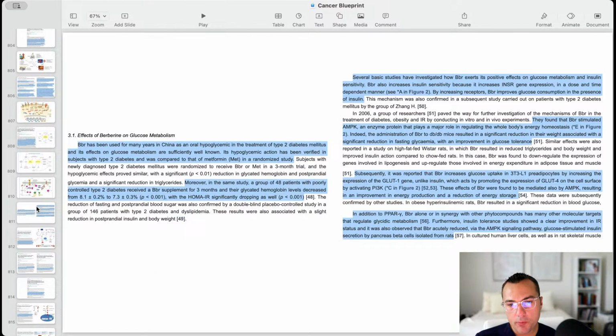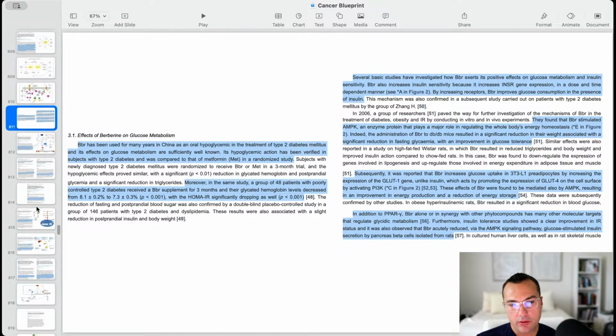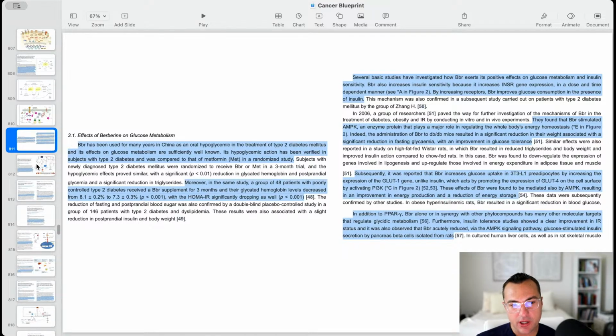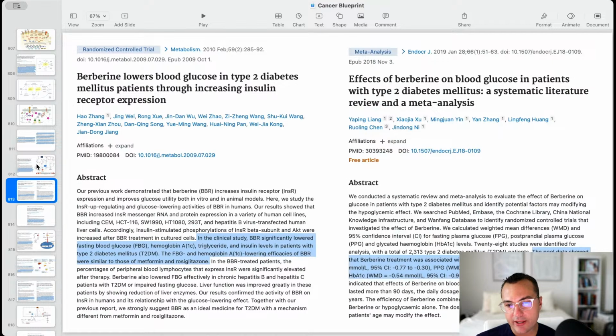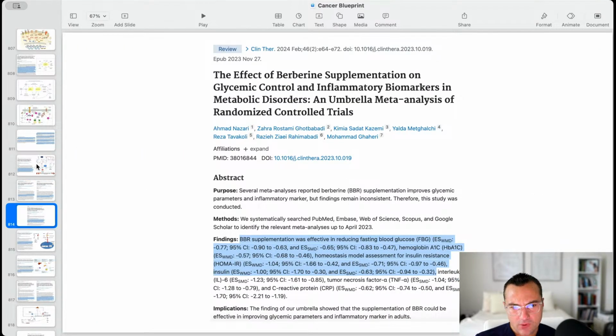So the smart person would be using berberine in addition to other phytochemicals, in addition to a ketogenic diet, in addition to fasting, in addition to exercise and light management. But the fact of the matter is, it's pretty amazing that one chemical by itself can have effects such as this. And I would just say that, again, it seems to have effects similar to that of metformin.